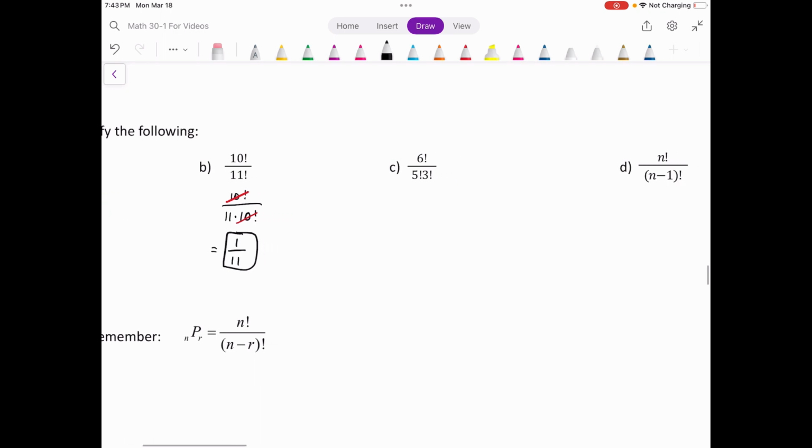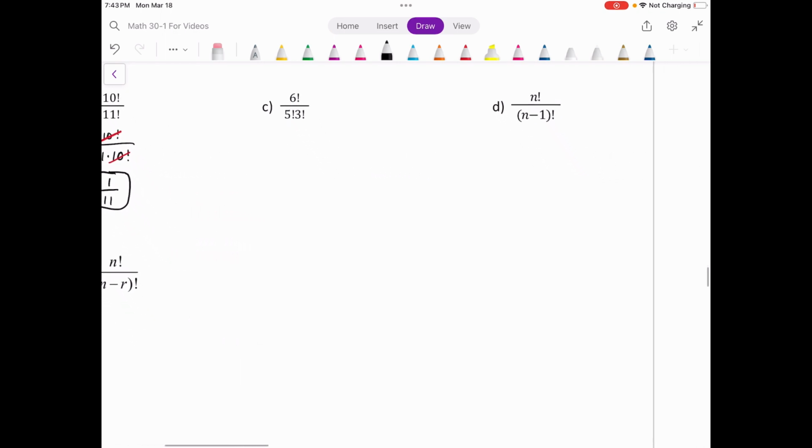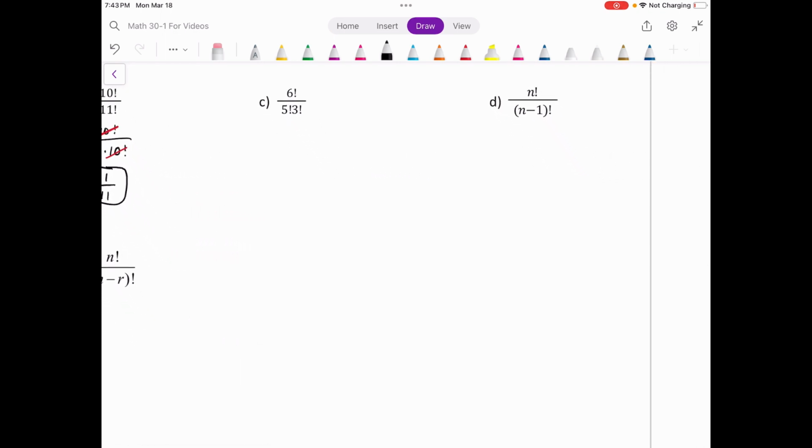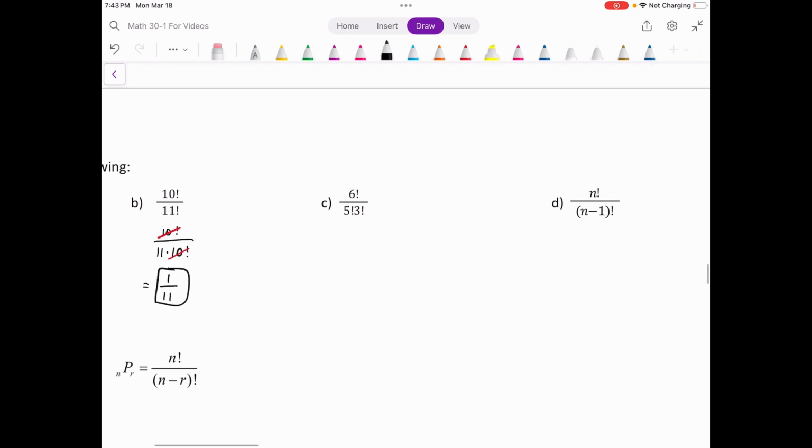All right, here's an interesting one. We've got 6 factorial over 5 factorial times 3 factorial. Now we've got options here because 6 factorial contains the 5 factorial, but it also contains the 3 factorial. When we're simplifying, it's probably a good idea to be left with the smallest numbers possible to actually calculate, right?